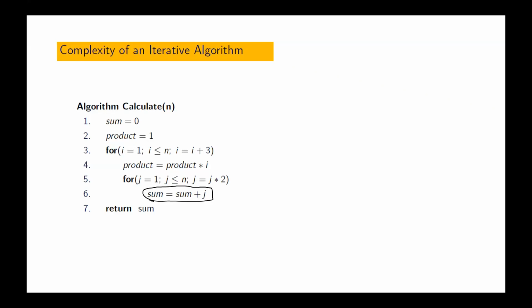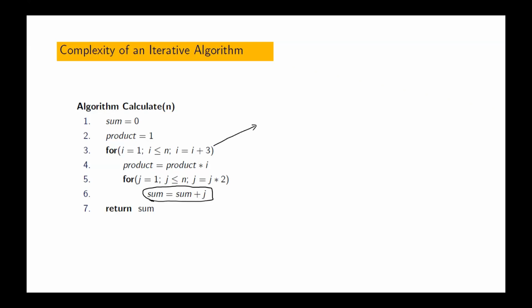Yes, sir, correct. So others, is it clear? How many times is this loop repeated? Approximately, you tell me. How many times is that outer third loop, the outer for loop, repeated?